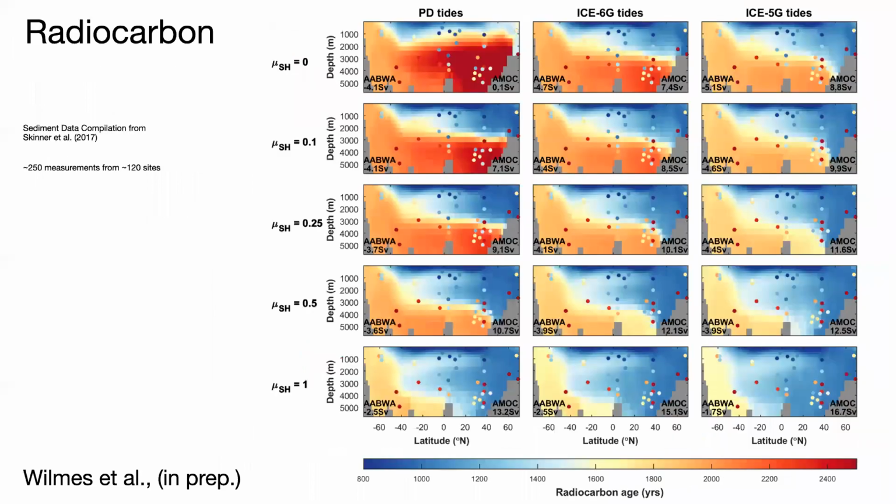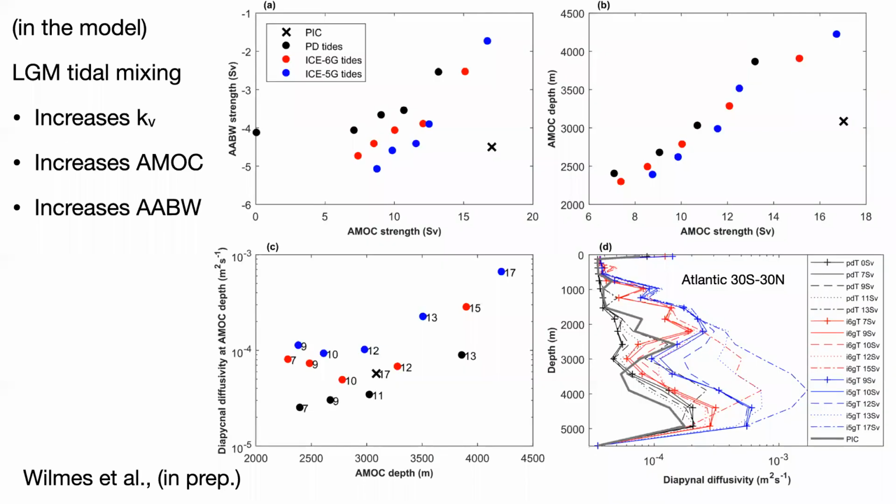Andreas, can I interrupt you? Yeah, sure. Just back on that slide, there was something I didn't understand on the upper left. Your AABW strength on the upper left panel is negative. Is that just a sign convention, or is it an anomaly? Yeah, well, more negative would indicate a stronger Antarctic bottom water flow rate.